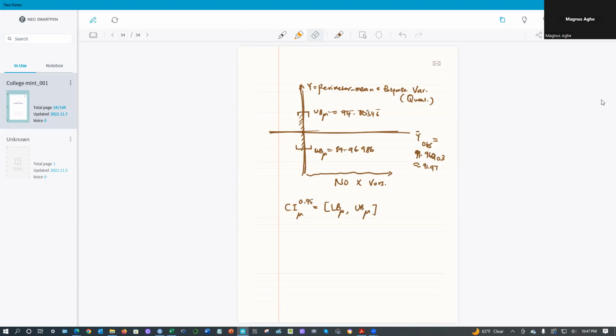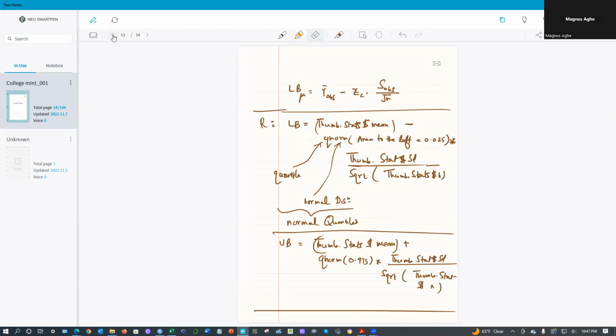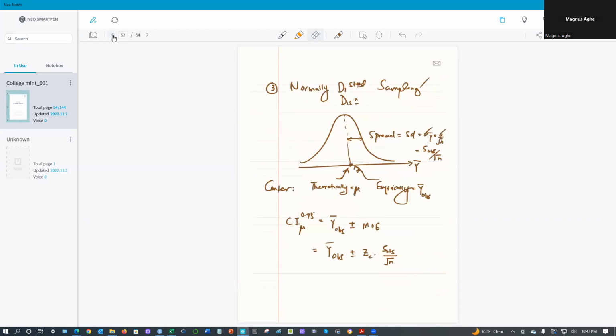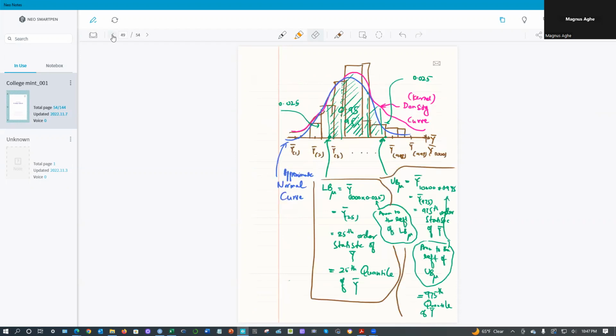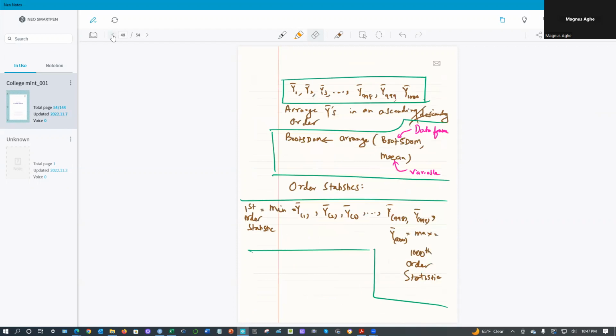I built that one without even y bar. That's the interesting part. I didn't utilize it to get the upper and lower bound. That's one route. I'm on the third method, but if I go back to that example, I didn't use anything.